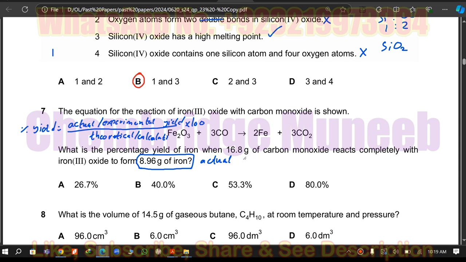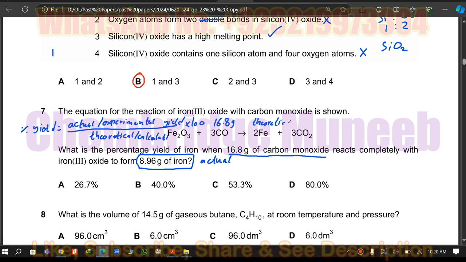So for this purpose we need to find the value of the theoretical yield, and it also says that 16.8 gram of carbon monoxide reacts. So 16.8 gram reacts with the iron oxide, and we need to find how much theoretical yield of iron will be produced.